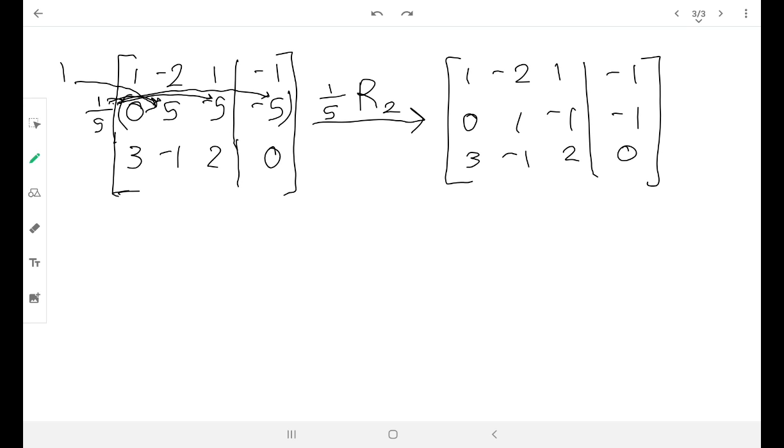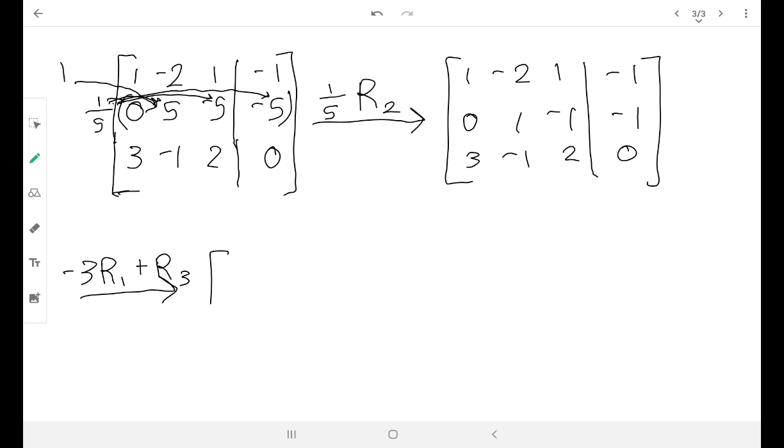So to make that 3 a 0, let's start a new row operation. The easiest way to make that 3 a 0 is to take the top row, multiply it by -3, so -3 times row 1, and add it to row 3.